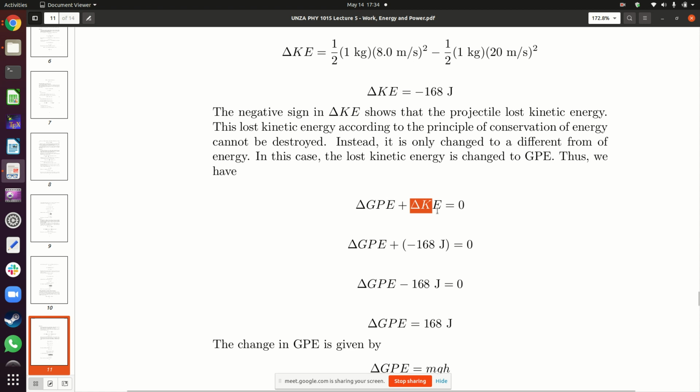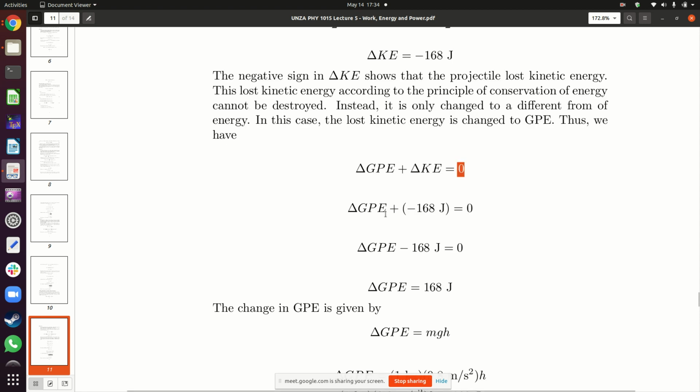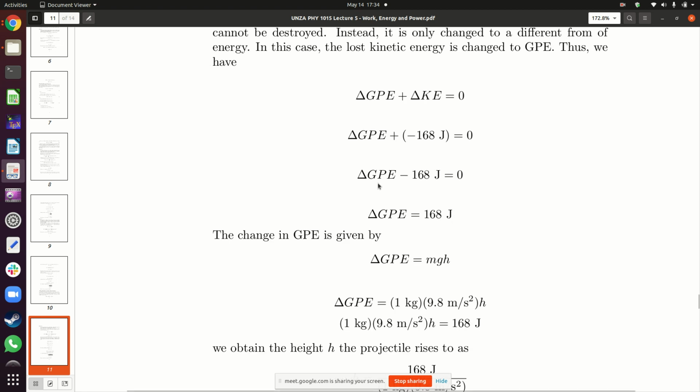The size of the loss has to be equal to the size of the gain of the gravitational potential energy, such that when you add up these quantities, you end up with a 0. So in this case, the change in gravitational potential energy plus the kinetic energy change is 0. The kinetic energy change is negative, meaning that kinetic energy was lost, so you put negative 168 joules plus the change in gravitational potential energy equals 0.